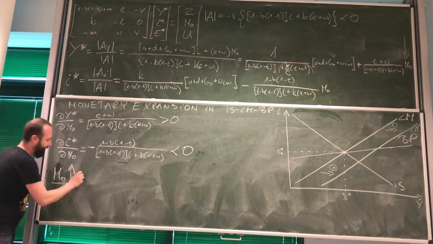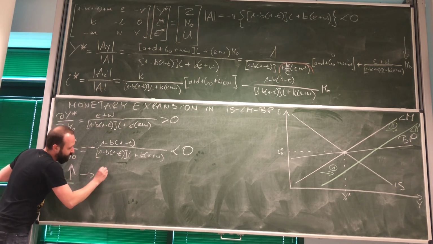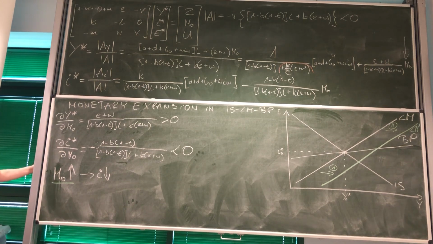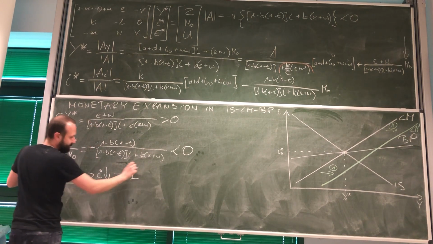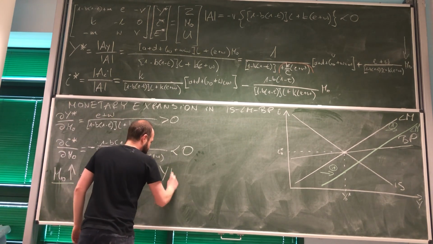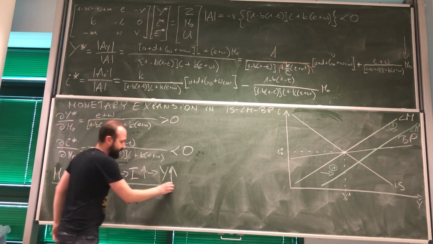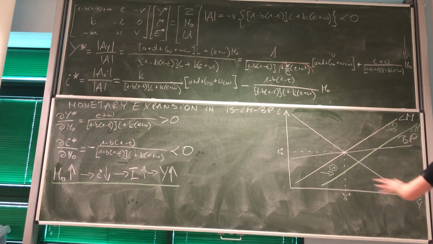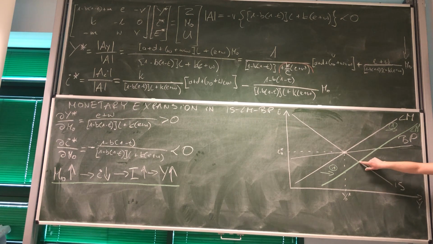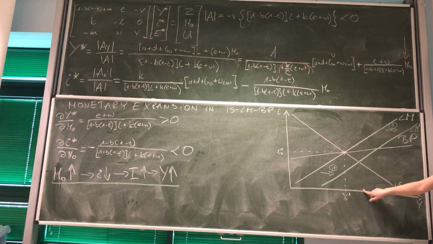Higher money supply means, assuming that we will have the same money demand, means lower interest rate. Lower interest rate means higher investment. Higher investment means higher GDP, right? And look, this is what we've seen in regular ISLM model, right? As a consequence of higher money supply, we see that equilibrium interest rate is going to be lower and equilibrium level of income is going to be high.